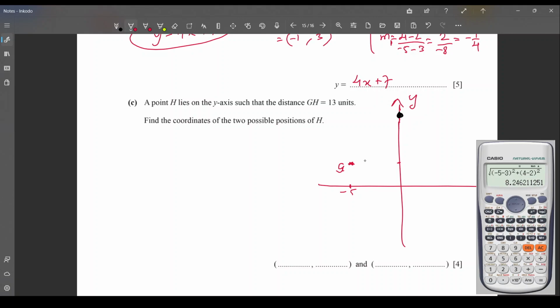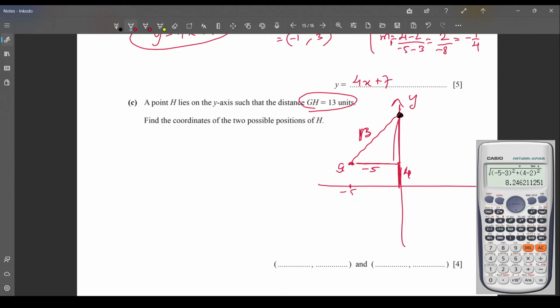We know that this length will be minus 5 because of the coordinate of G, and this length will be plus 4. GH is already given, that is 13 units.